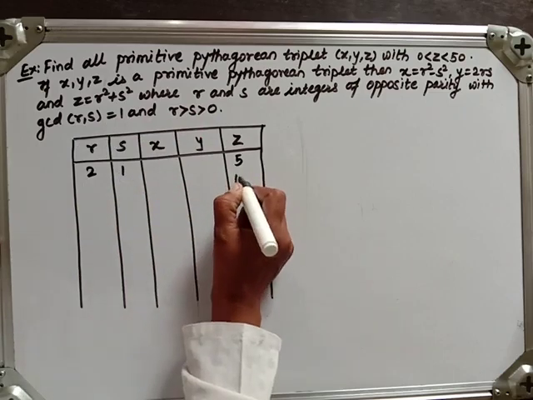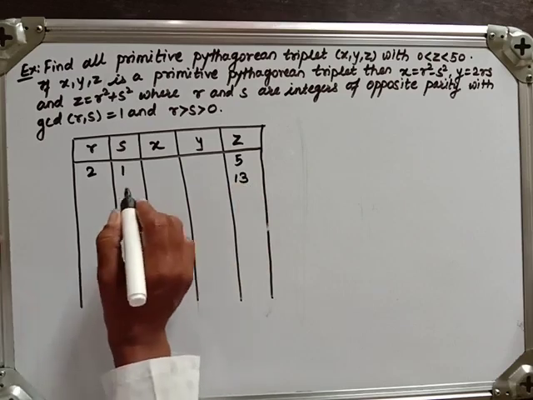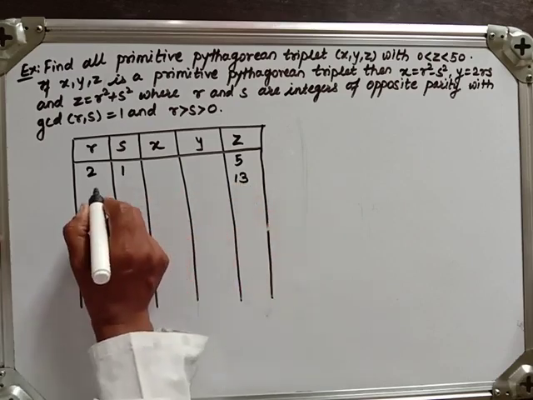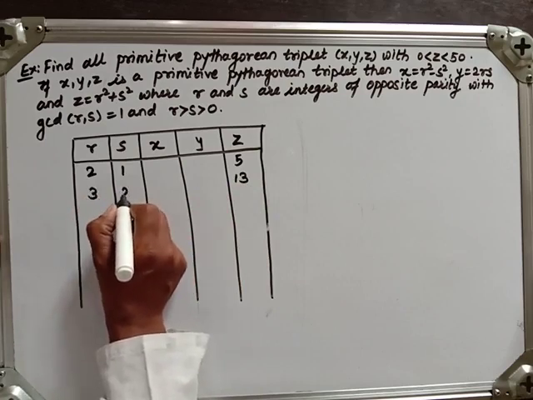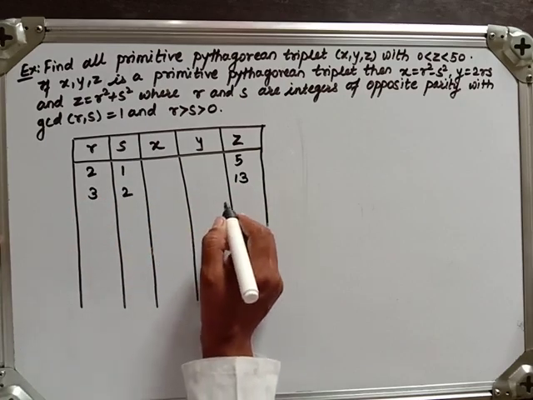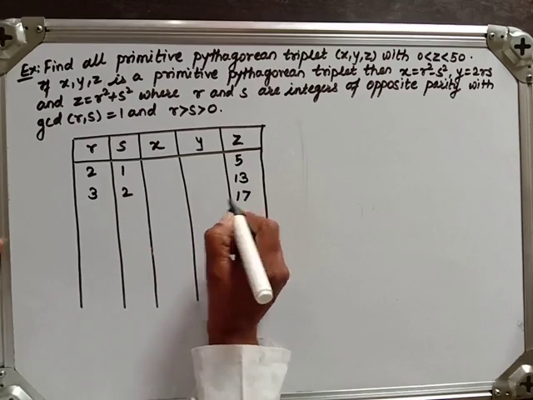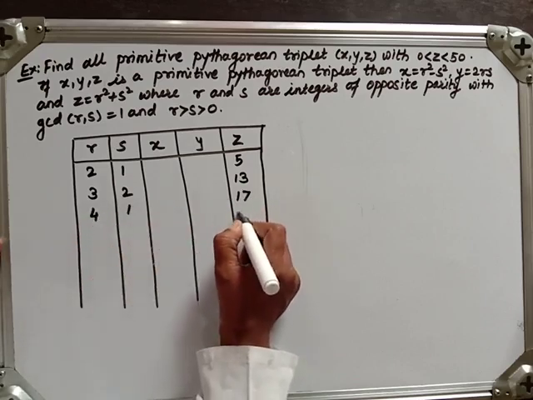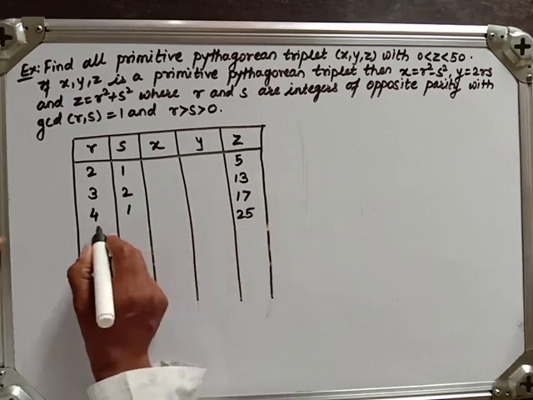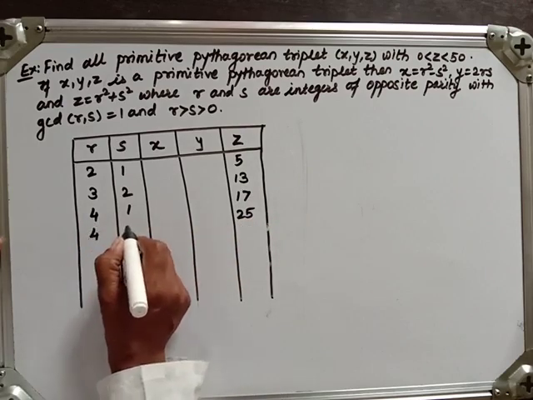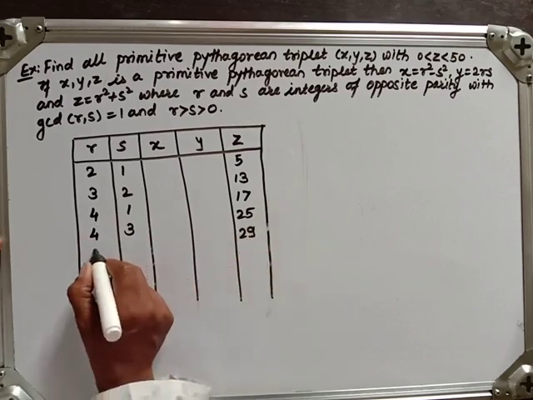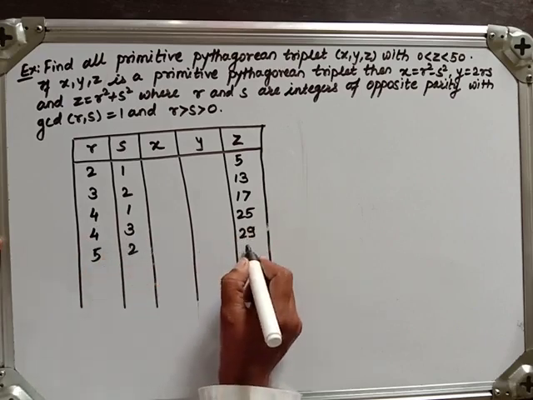Now, let me take z is equal to 13. It will be the addition of 2 squares. So, let's take r is equal to 3, s is equal to 2. Then 17: r is equal to 4, s is equal to 1. Then 25: r is equal to 4, s is equal to 3. Then 29: r is equal to 5, s is equal to 2.